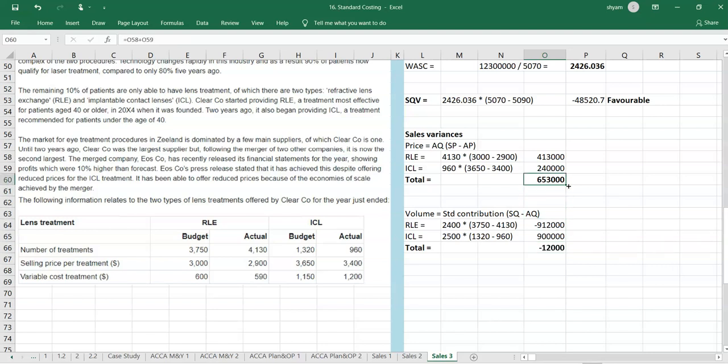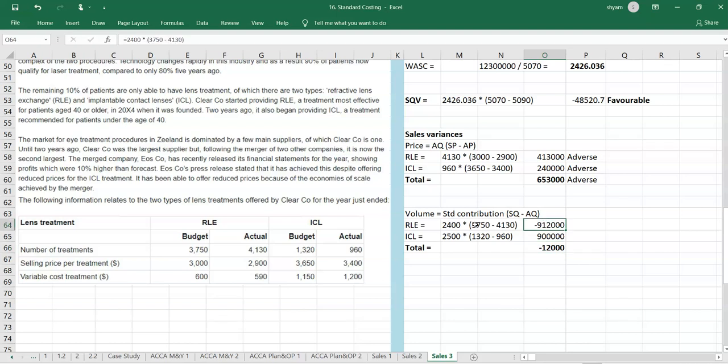So is this favorable or adverse? Let's look at it. They should have sold at a price of 3650. They have given a discount of 3000. It is a lower price they have given, so it is actually adverse. Actually all are adverse. And in terms of volume, this is a negative number, so we'll check with this.